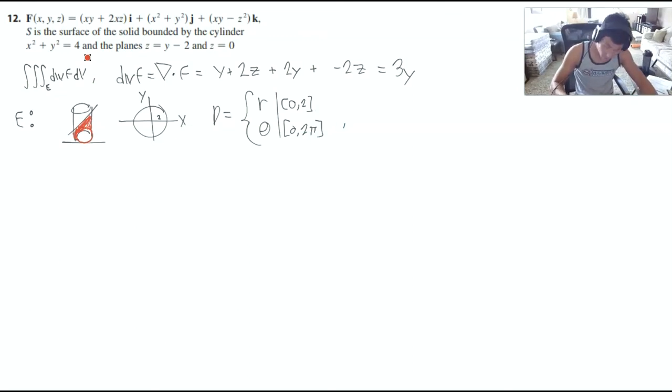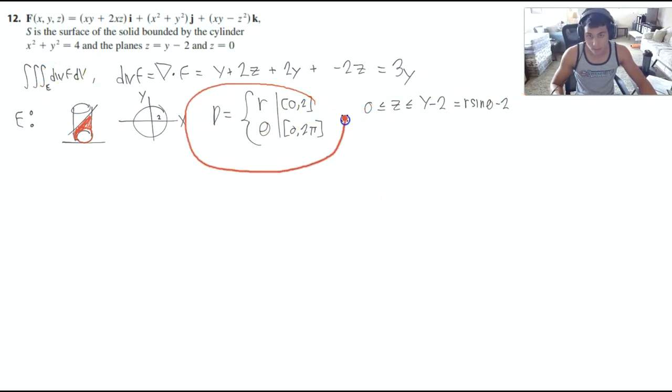So we know z goes from 0 to y minus 2, right? And why don't we write this using polar? y minus 2 as r sine theta minus 2. So this will be our first integral, and this will be our second integral.